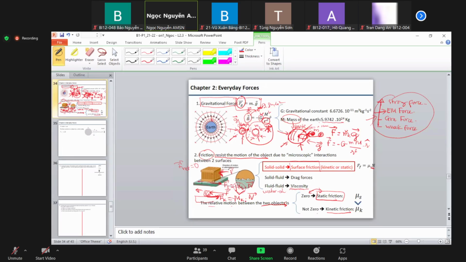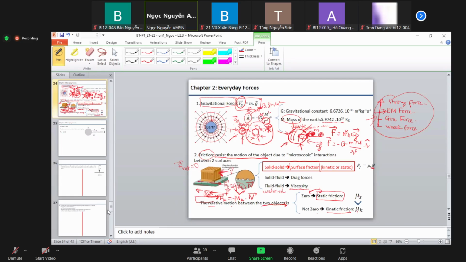So we have two kinds of friction: static friction when the relative motion between them is zero, and kinetic friction when the relative motion between them is not zero. They are different, the coefficients of friction are different. That's everything you need to remember about friction.